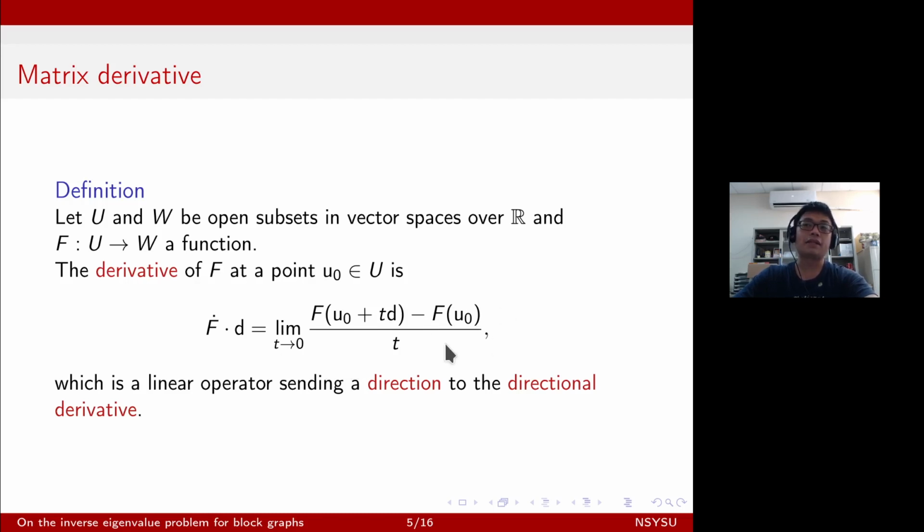This is basically the formula for the directional derivative. So this derivative, f prime or f dot, can be viewed as the linear operator that sends a direction to the directional derivative. The direction is in the tangent space of U, and the directional derivative is in the tangent space of W.